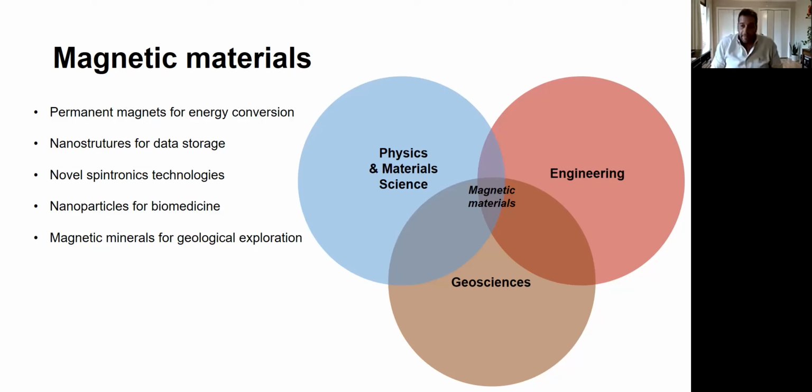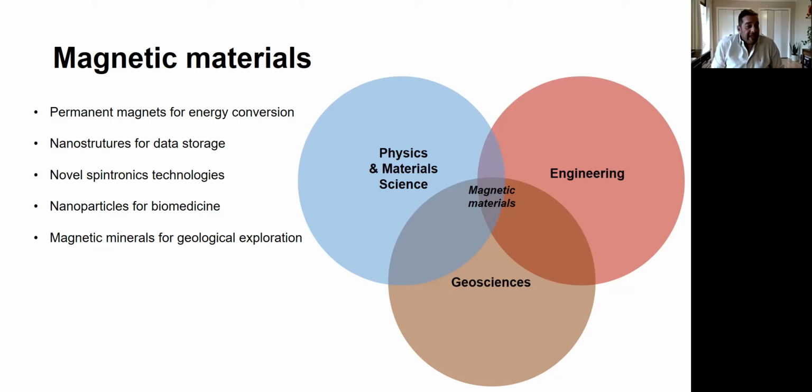And magnetic materials are at the intersection of many different sciences and applications, because you need magnets to convert energy, either from wind power to electricity, from gas to electricity, from nuclear energy to electricity. Anywhere you have a generator, you need a lot of magnets.